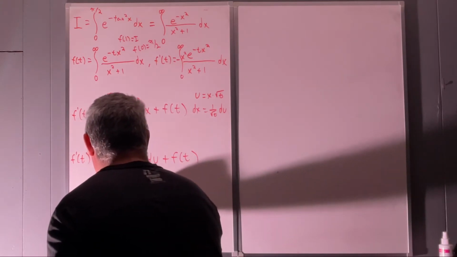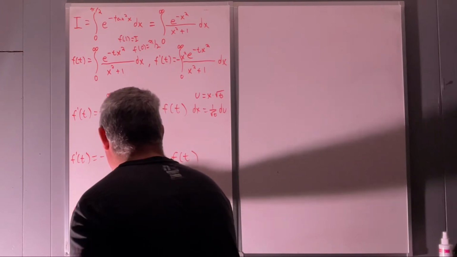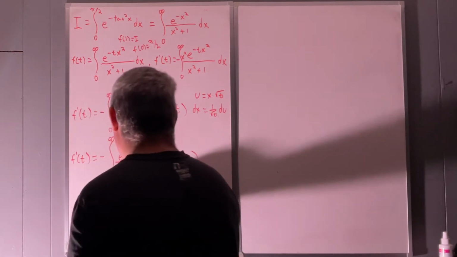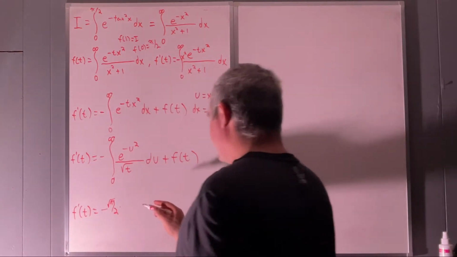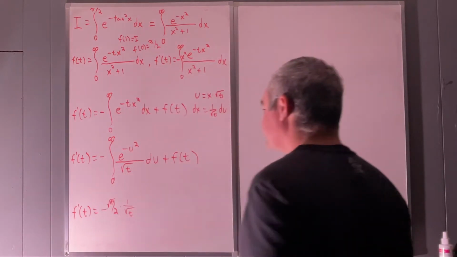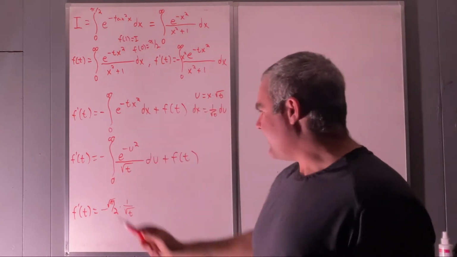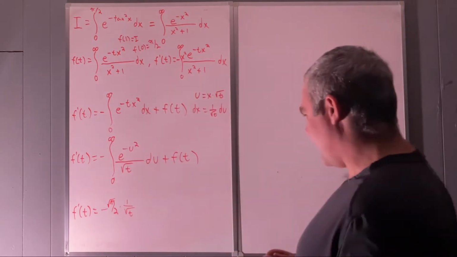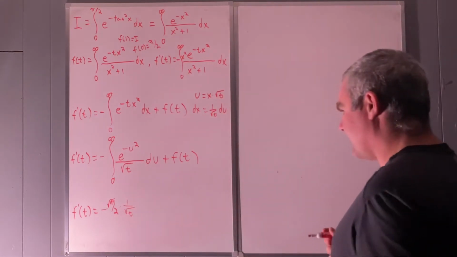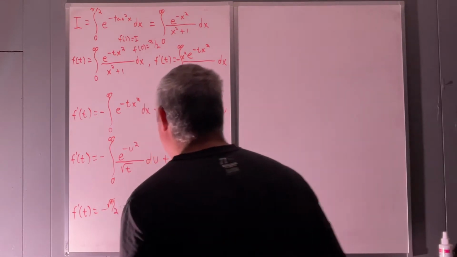Let's write it this way: negative square root of pi over 2 times 1 over the square root of t. That's what it'll be, right? Because the square root of t can come on the outside, and that's going to be negative 1/2 the Gaussian integral, and there's the 1 over the square root of t, so that's correct. And then plus f of t.